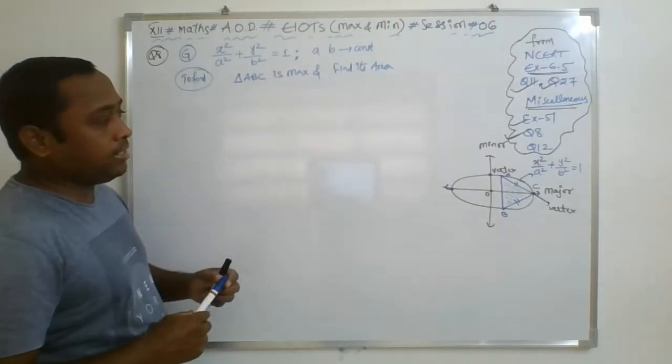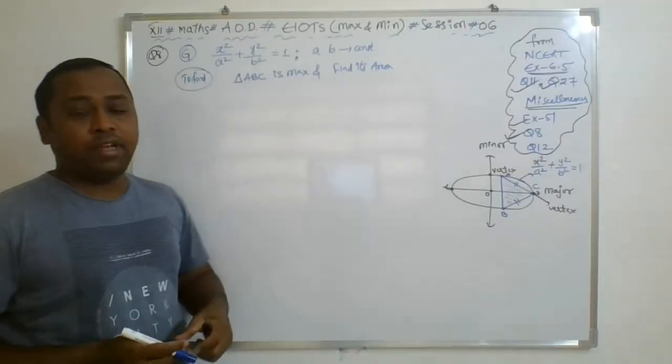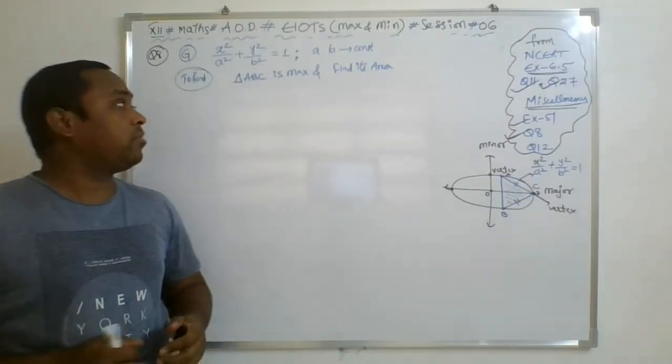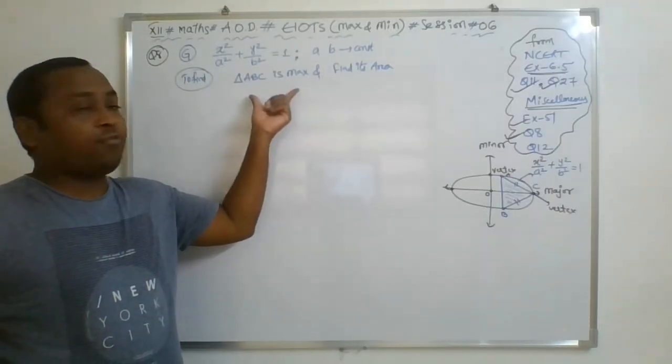So to find this area of the triangle, we need to differentiate the area of triangle formula.